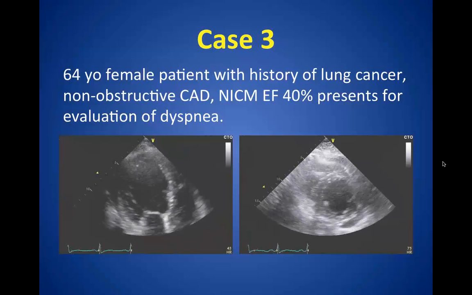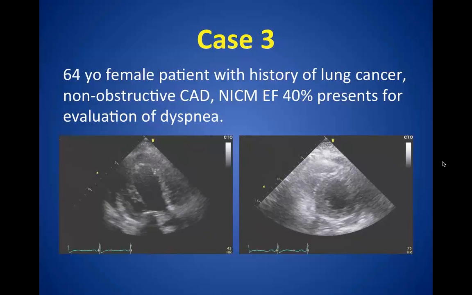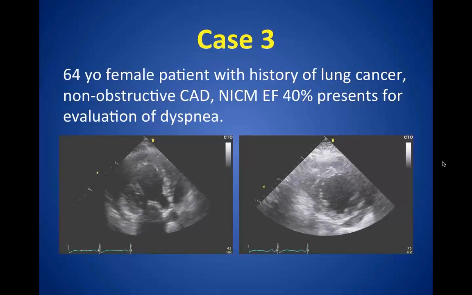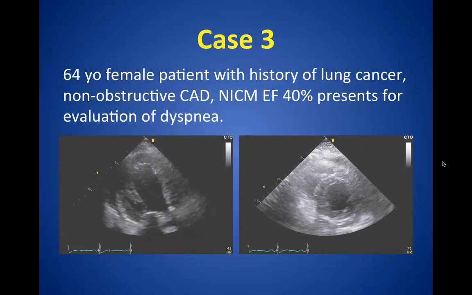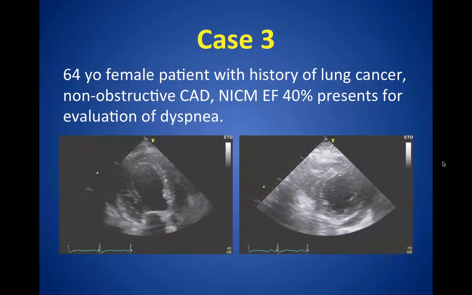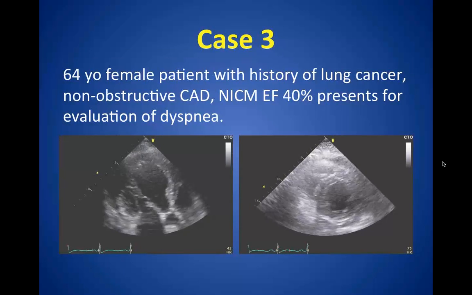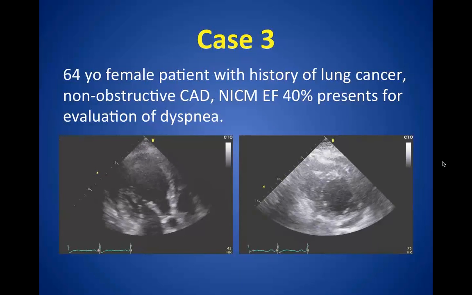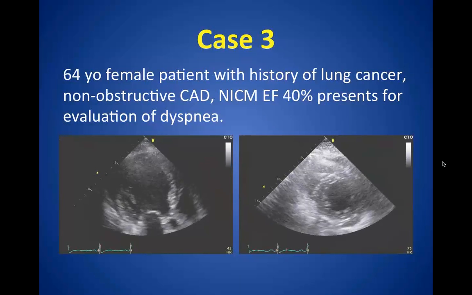And in part, in the evaluation, you obtain an echocardiogram. And so on this echocardiogram, you see an apical 3-chamber as well as a parasternal short axis view. And so, on first glance here, yes, the LV function looks diminished at around 40%.